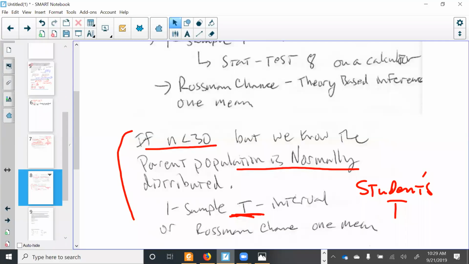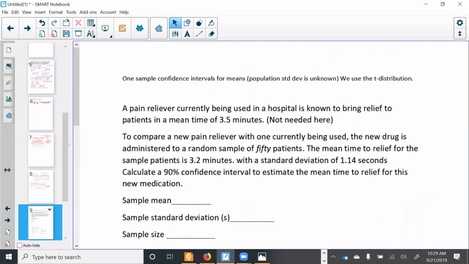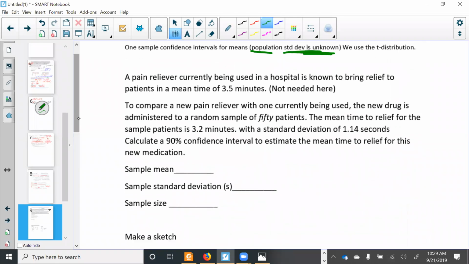Let's come back and do this problem now. As I said, we don't know the population standard deviation. This is that same question about the old pain relief drug, bringing relief in 3.5 minutes.